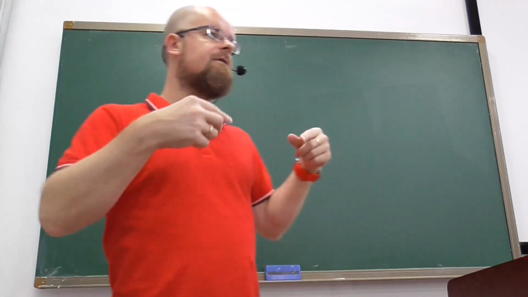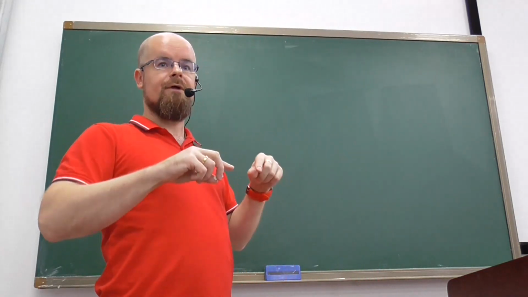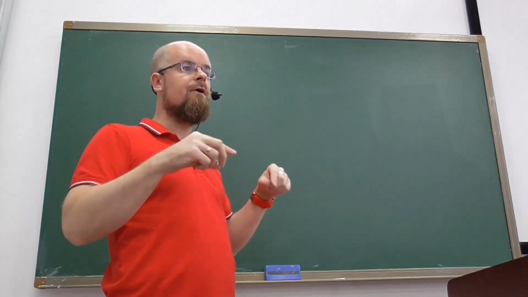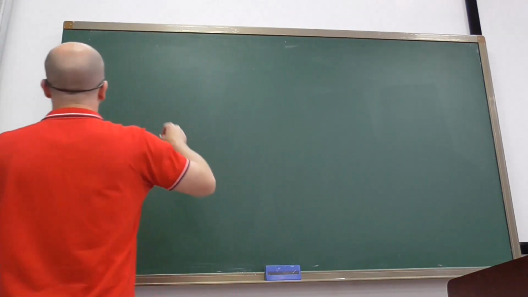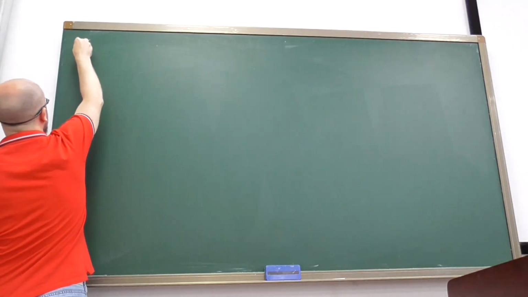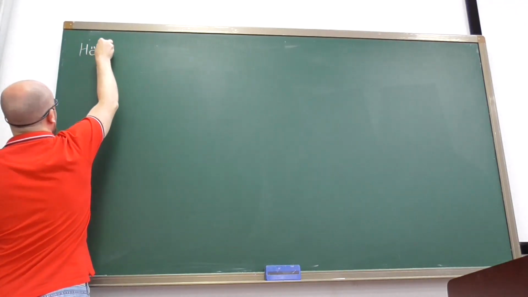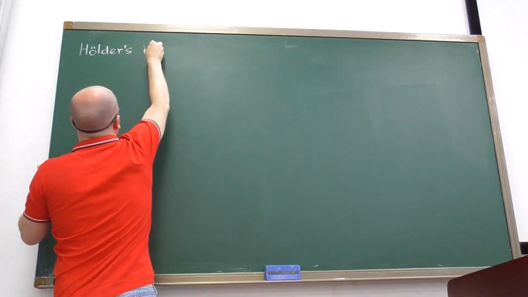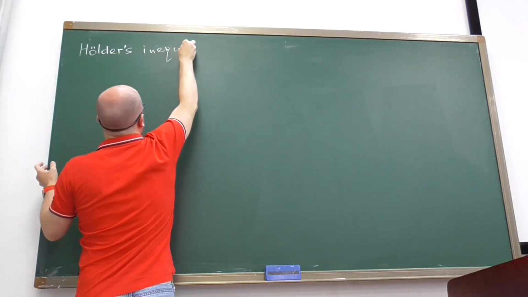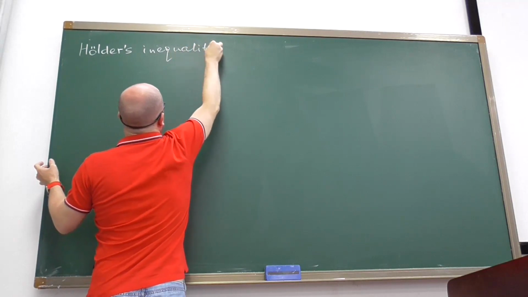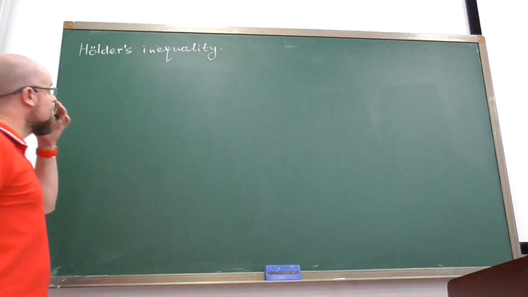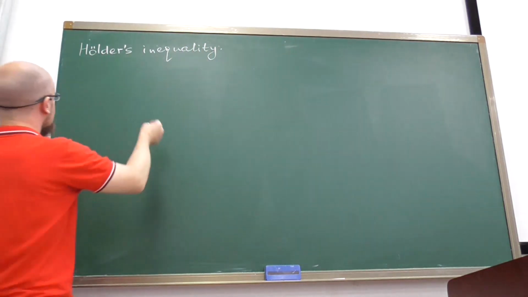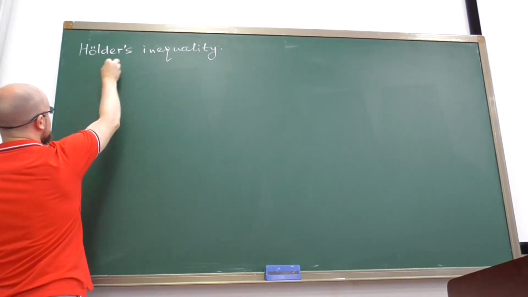We need some auxiliary inequality, which is in this general case called the Hölder inequality. So we first prove this Hölder inequality, which is stated like this.